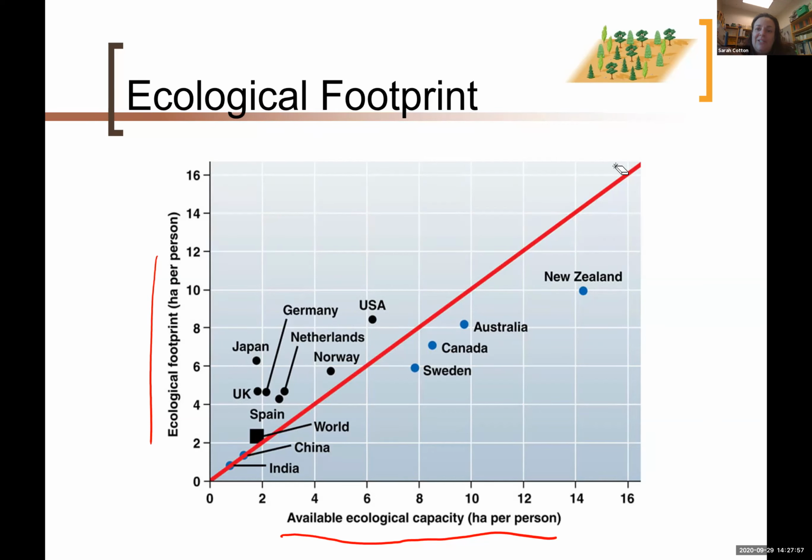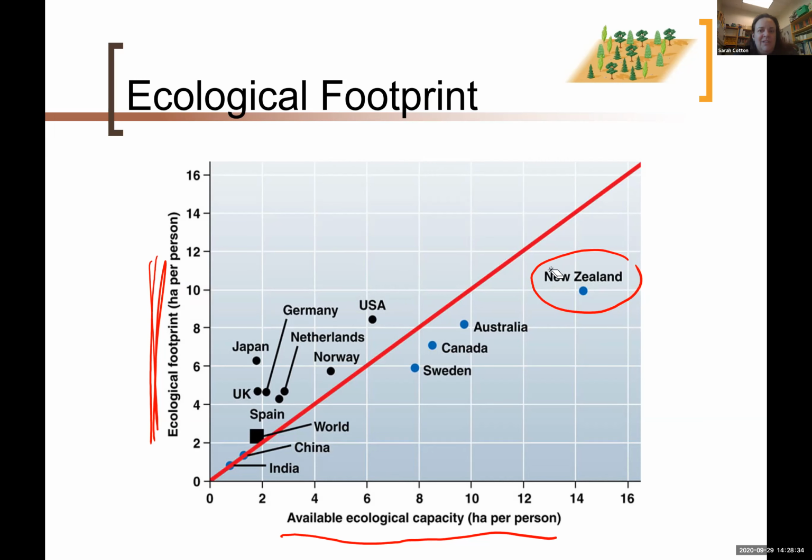All right, so now let's talk about what it means to be on either side of the red line. Okay, so if I asked you, of the countries that are in this diagram, which one has the highest ecological footprint, right? So remember, that's over here. Who has the highest ecological footprint? Well, according to this, it's New Zealand, coming in at 10. Yeah? Okay.